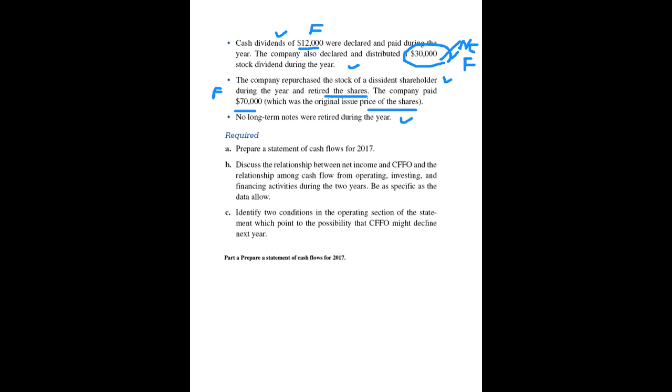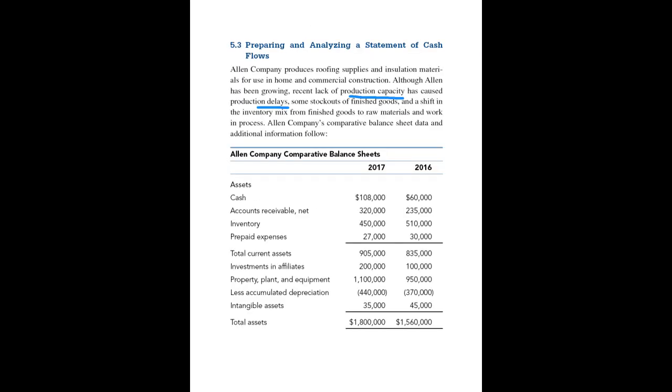Now let's have a look at the balance sheet in detail, because we know the additional information. We always say the first step is to find the difference between the cash balances. If you see here, the opening cash balance in 2016 is 60,000, and we have an ending cash balance of 108,000.